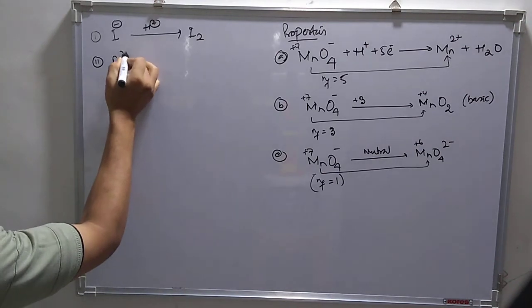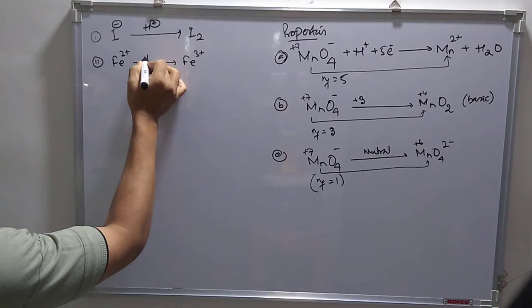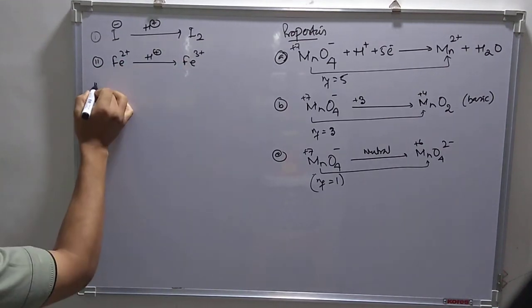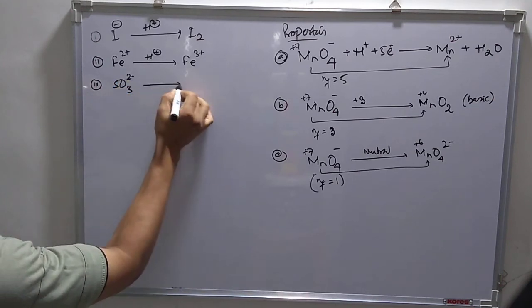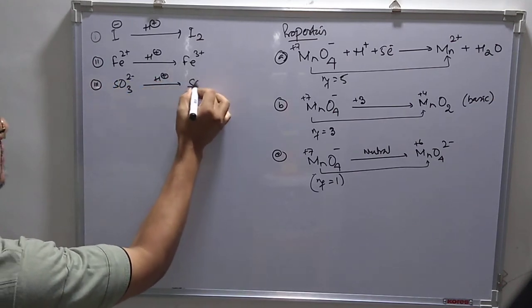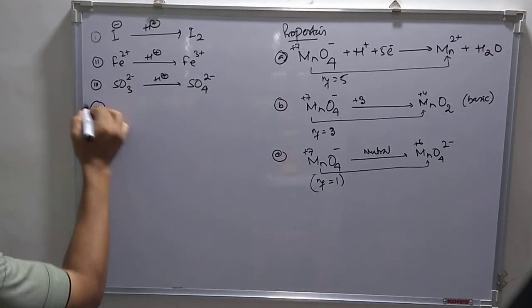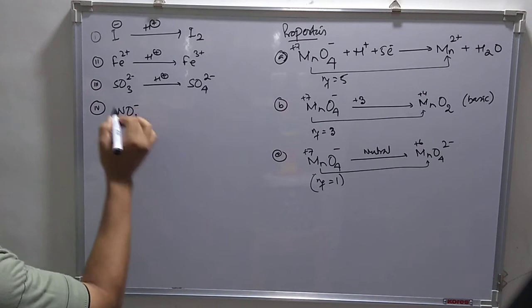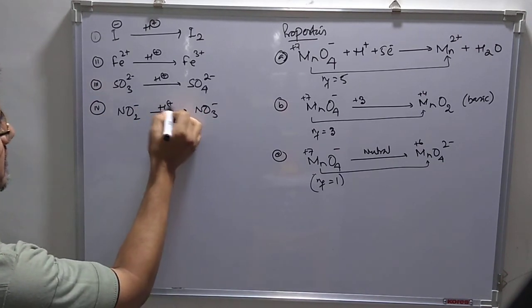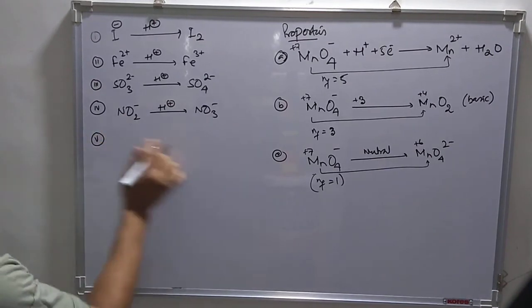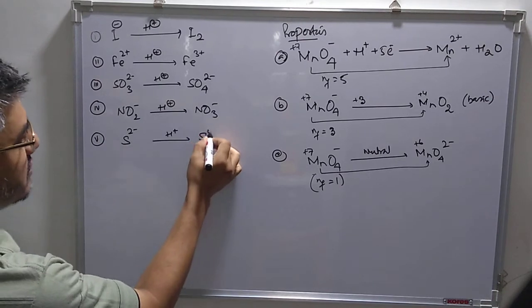Ferrous ion is oxidized to ferric ion, again in acidic medium. Sulfite ion is oxidized to sulfate by this KMnO4. Nitrite is oxidized to nitrate in acidic medium. Sulfide ion is oxidized to sulfur.